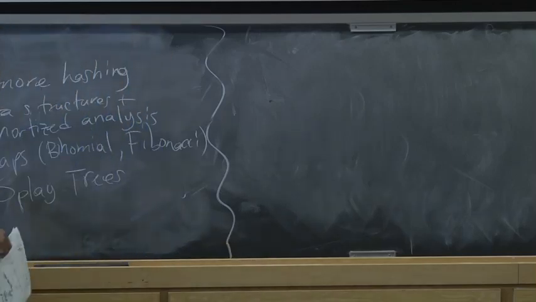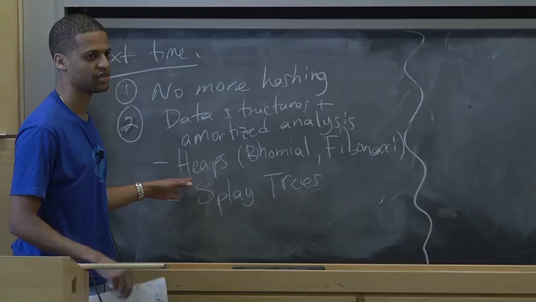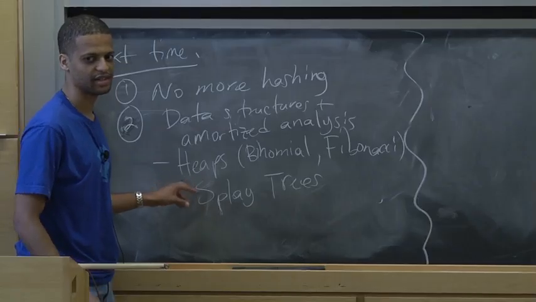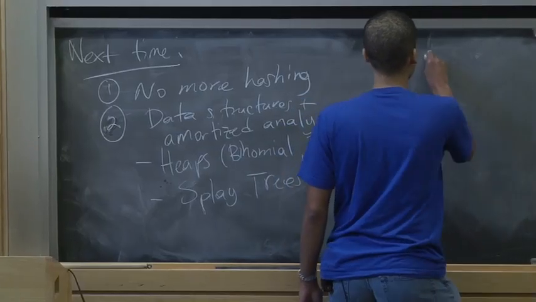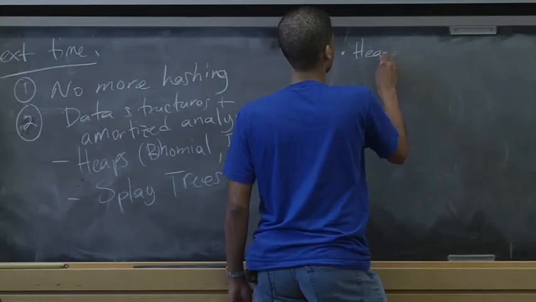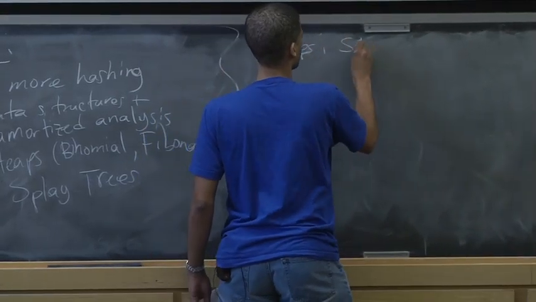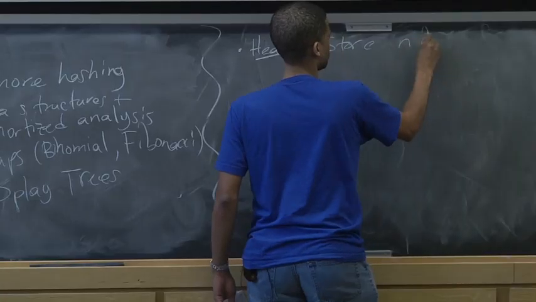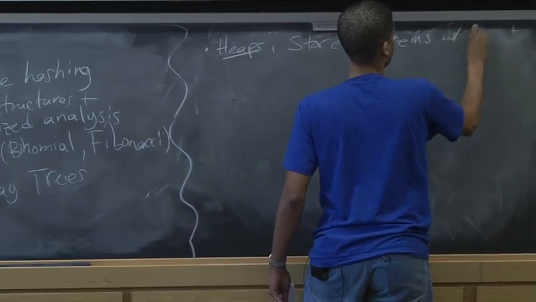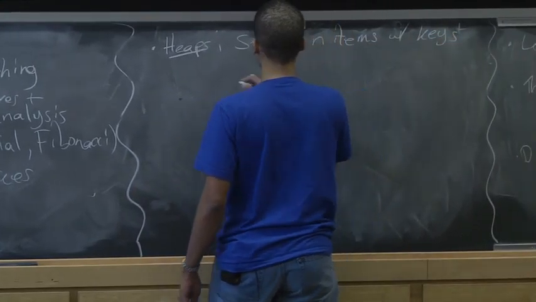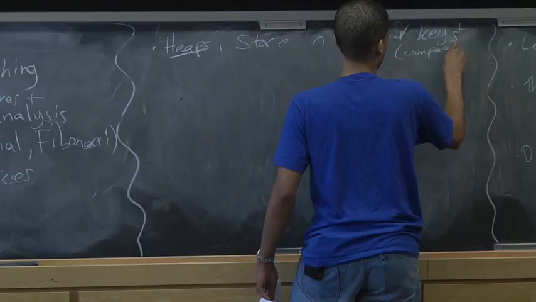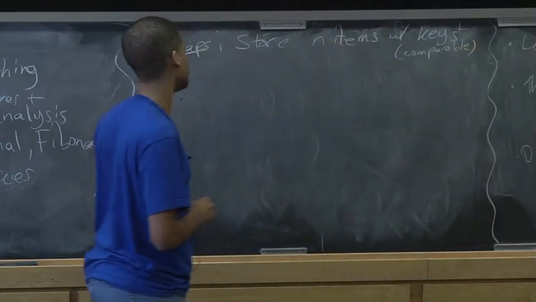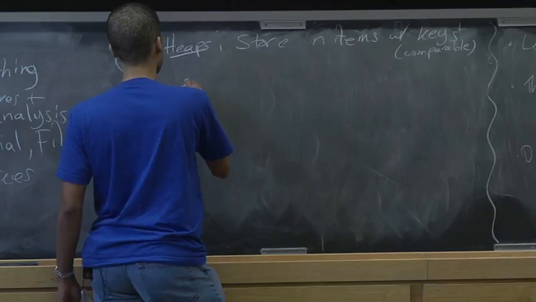And as part of the amortized analysis, we'll see potential function arguments. So what are heaps all about? Remember what heaps do. We store n items with keys that are comparable, and we support some operations.